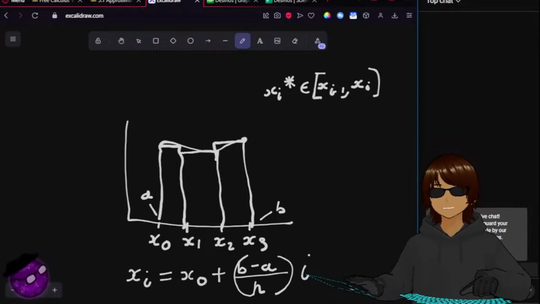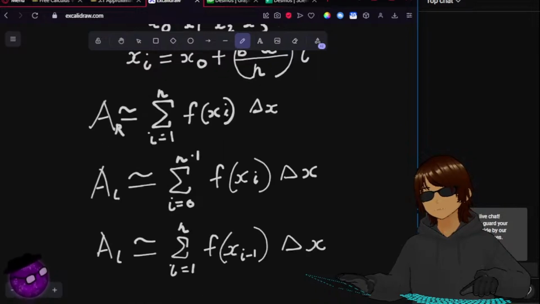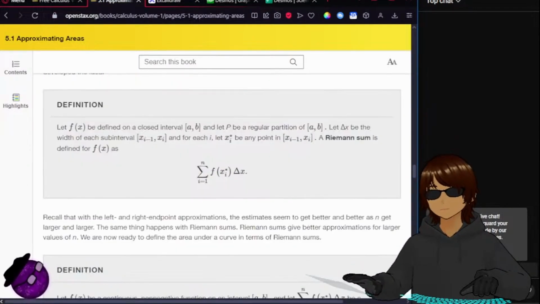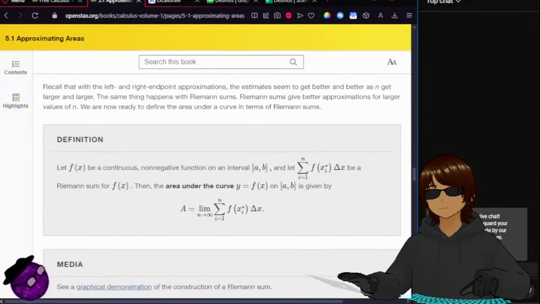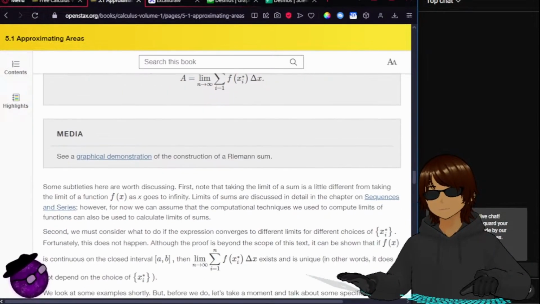So x0 star would be here, x1 star would be somewhere here, x2 star would be somewhere here. And this is called a Riemann sum. So the area under the curve y equals f of x on [a, b] is given by the limit as n goes to infinity. Okay.